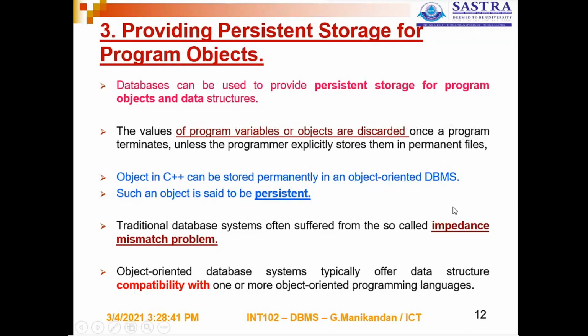If you store an object in your secondary storage device, then that particular object is said to be persistent. With the recent database management system, that is the object-oriented database management system, you don't have the impedance mismatch problem. Whereas if you rely on the traditional database management system, you will have the impedance mismatch problem. So what do you mean by impedance mismatch problem?